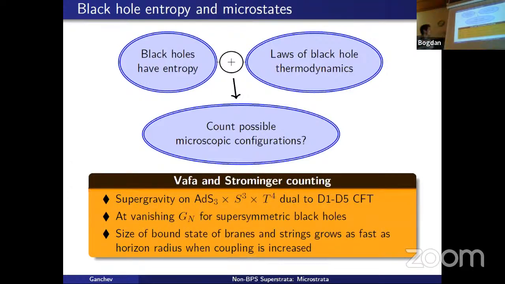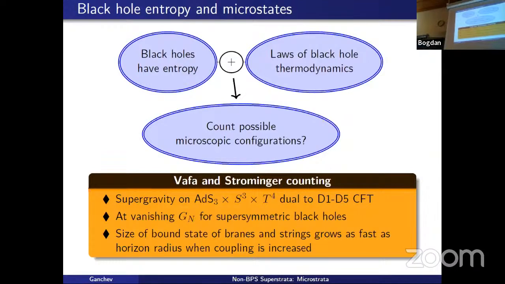Nevertheless, if you go outside of your GR bubble, as we all know, and as a lot of people have already said in this conference, Vafa and Strominger did indeed count the states of some supersymmetric black holes in string theory. They did this using index techniques at vanishing G Newton.